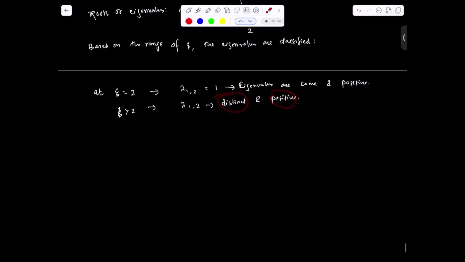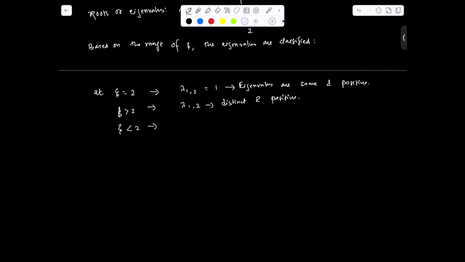That is clear. And let's have, if zeta is less than 2, in this case, the eigenvalues will be complex conjugate with positive real part, of course.